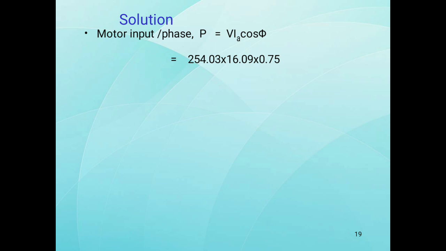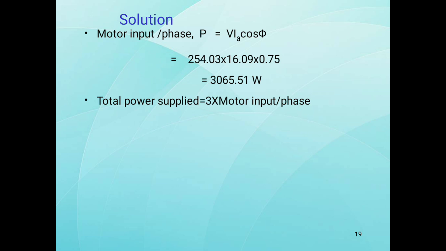Here, the motor input per phase P is equal to V Ia cos phi, that is 254.03 into 16.09 into 0.75, that is equal to 3065.51 watts. Now total power supplied is equal to 3 into motor input per phase.